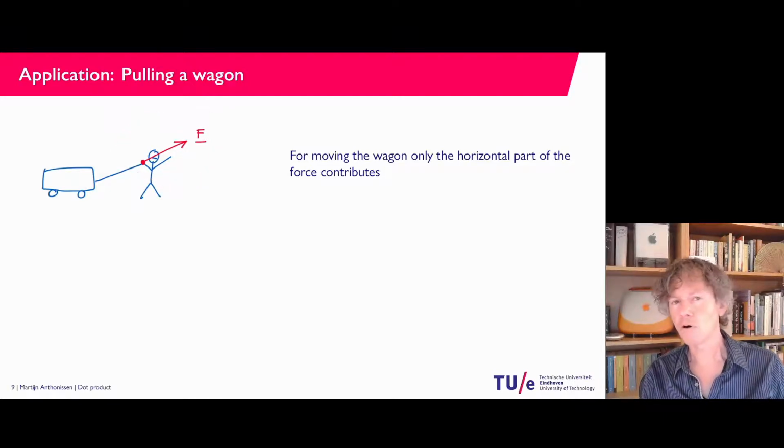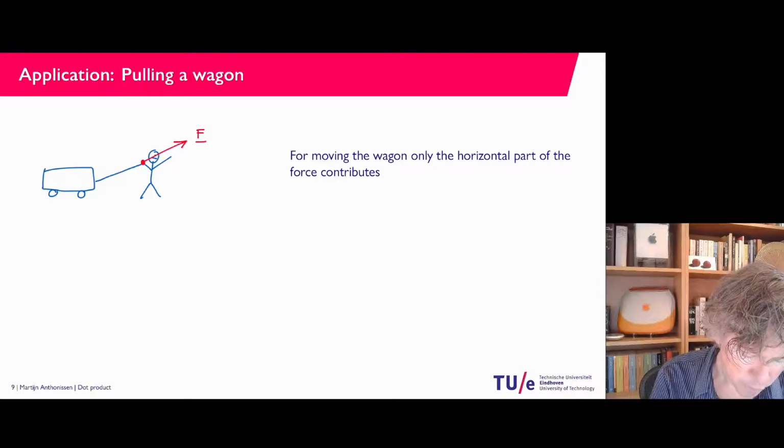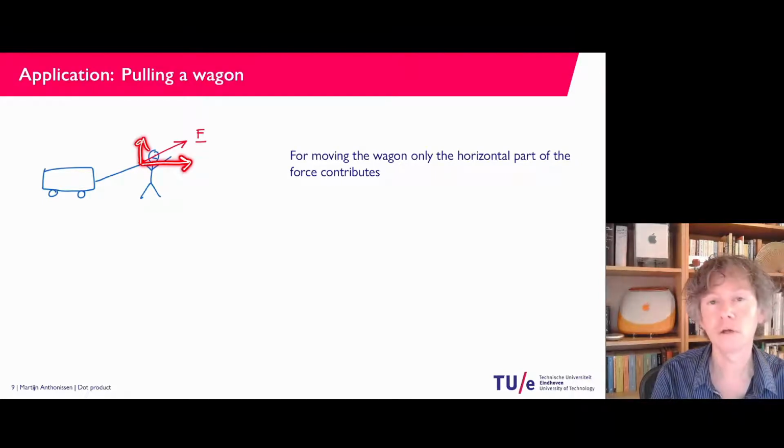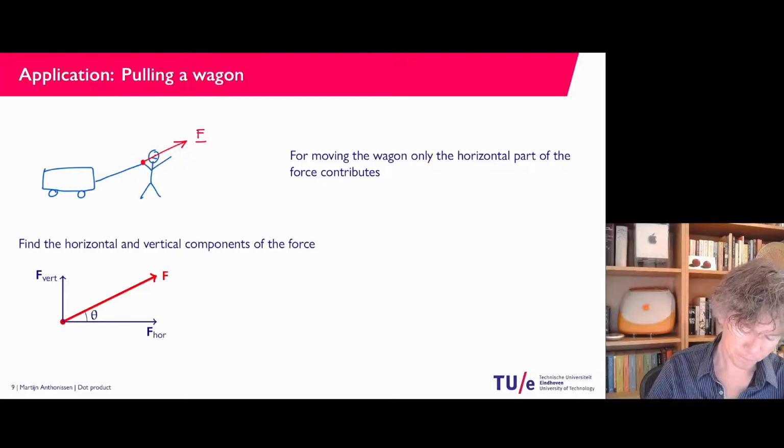Now, as you know from vectors, you can decompose this vector into a part that is parallel to the ground and a part that is orthogonal to that. If you want to move the wagon, the only part that is interesting is this part here of the vector. So let's see if we can compute that.